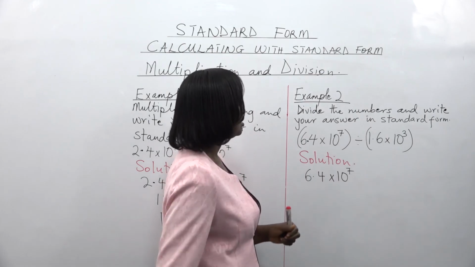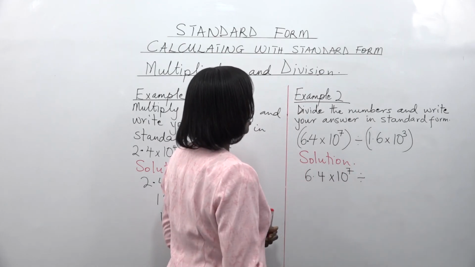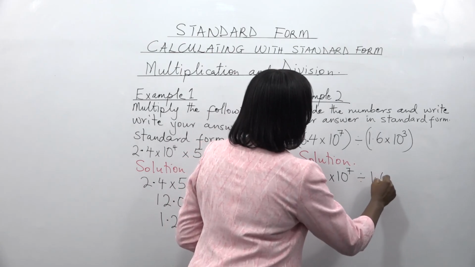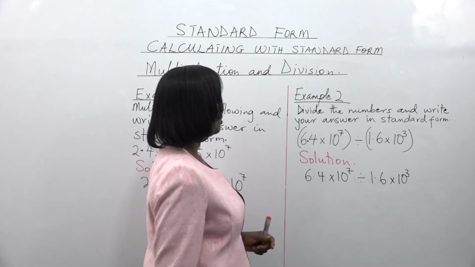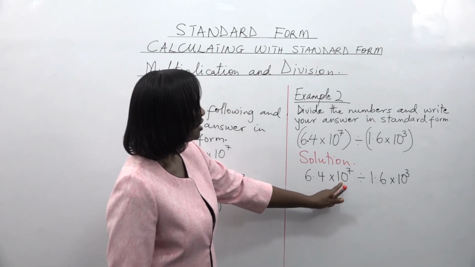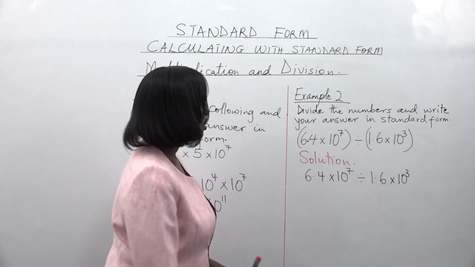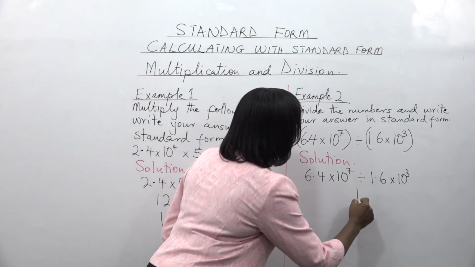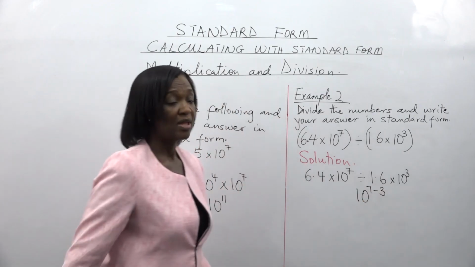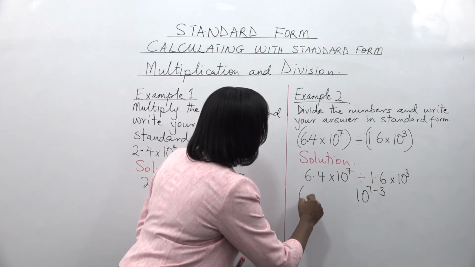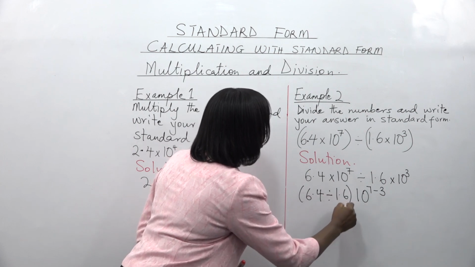We can subtract the powers of 10 because we are dividing, so it becomes 10 to the power 7 minus 3, and then we divide 6.4 by 1.6.